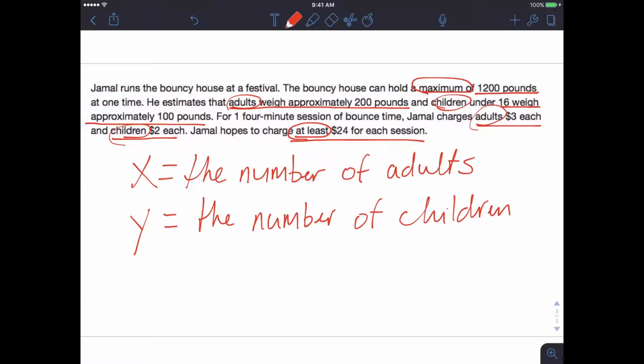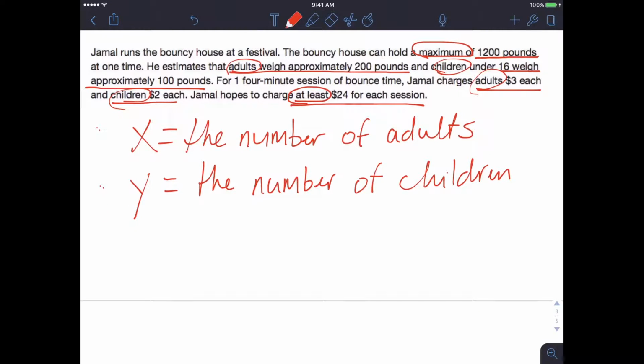So that's why I picked x as the number of adults, y as the number of children. In theory, yes, you can do it the other way, but you have to specify what x and y are. Because if not, someone might put y equals the number of adults. You know what I mean? So you have to be specific right here on what is what. This is an important part of the problem. You have to clarify that. If not, no one's going to know.